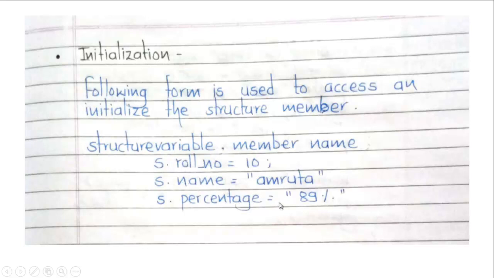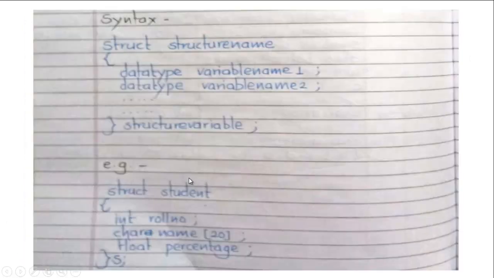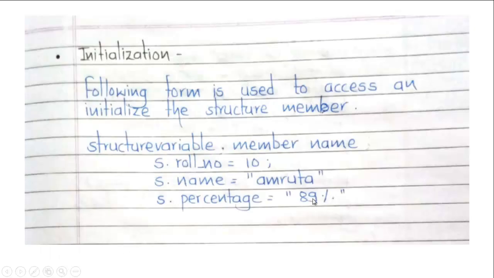Then s dot percentage is equal to, it is not required in double quotes, you can write without double quotes. Suppose percentage may be float, so you can write here 89.20, 89.30, and this value will be assigned to the percentage.